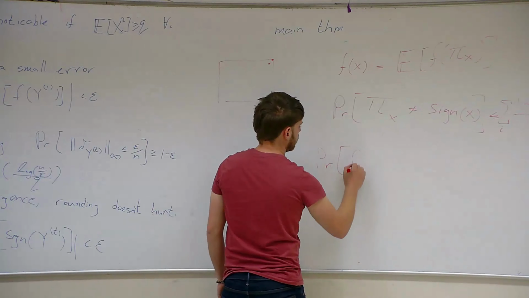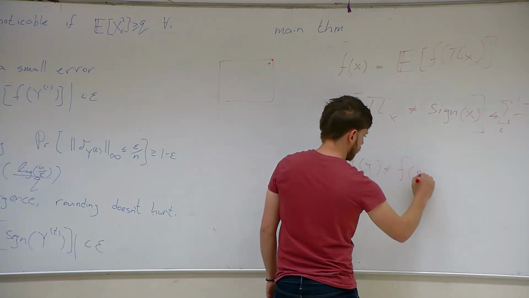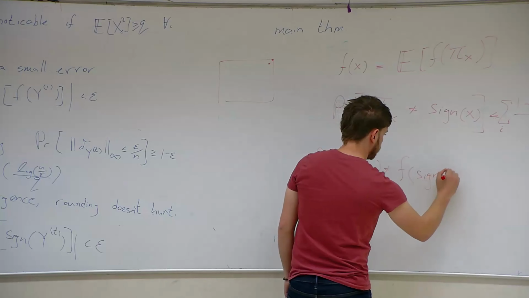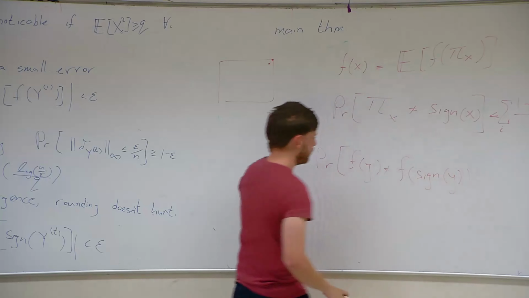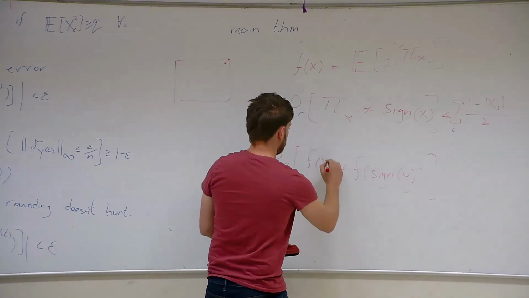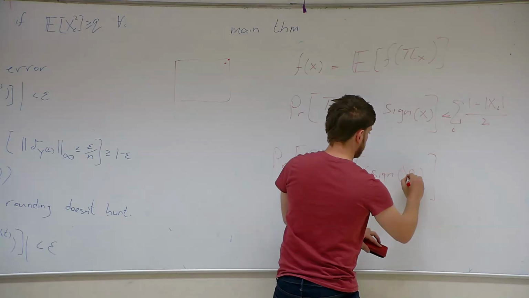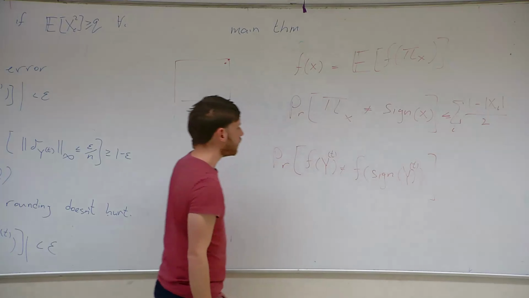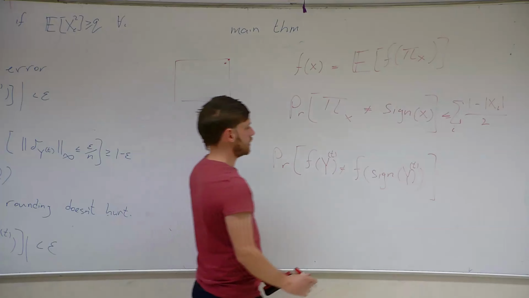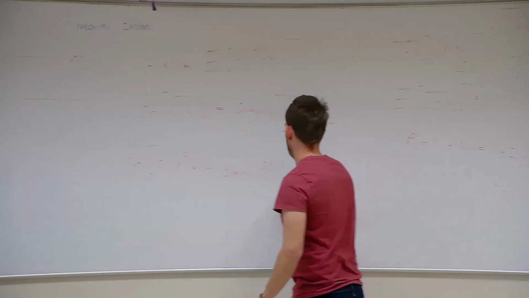Okay, so what's the probability that f of y doesn't equal f of sign of y? Maybe instead of y, let's write yt. So let's, and the lemma says conditioned on convergence.